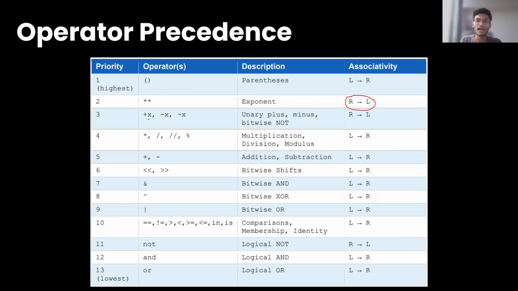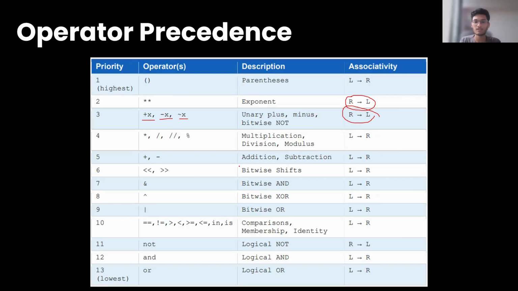Similarly, if I have unary plus, minus, and bitwise not, that is plus x, minus x, and not x, this is the third highest priority. That is also associativity right to left. Then we have multiplication, division, modulus, associative left to right, that is by default. Then we have addition, subtraction.